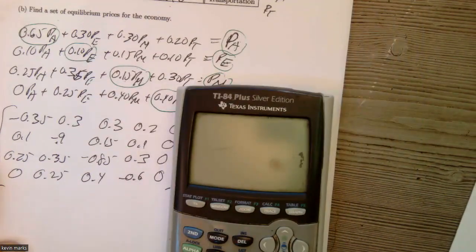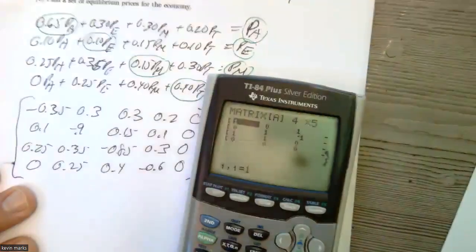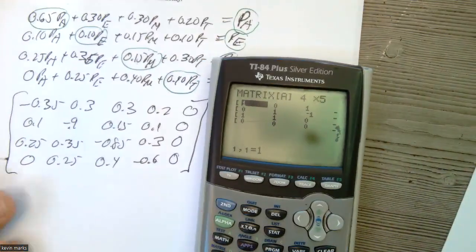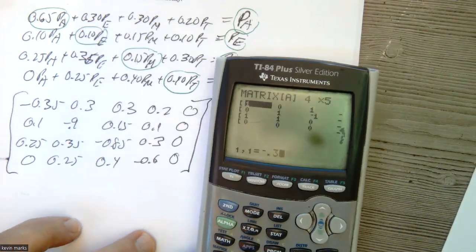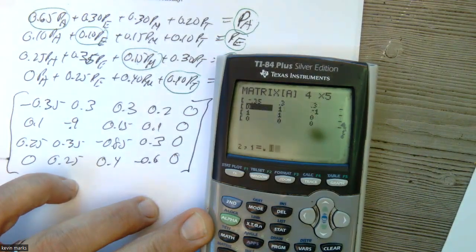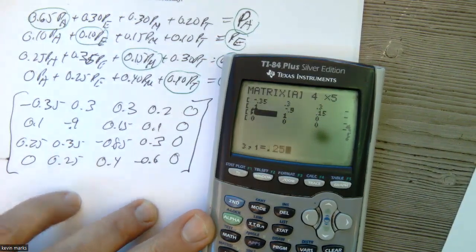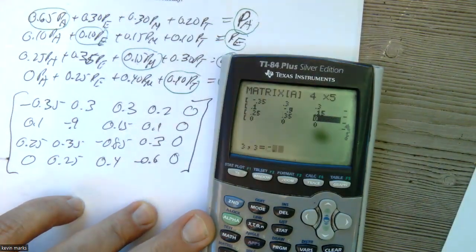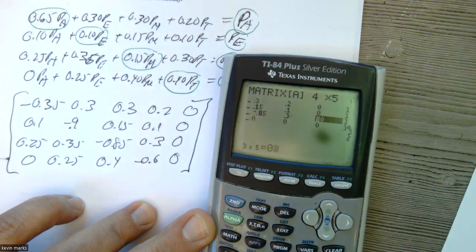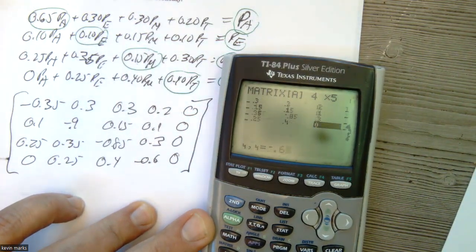But anyway, if you do that by hand, those are some crazy numbers. You're more than welcome to use a calculator. So this is a 4x5. Hopefully we've done this enough that you know what I'm doing. 0.45, negative 0.35, 0.3, 0.3, 0.20, 0.1, negative 0.9, 0.15, 1, 0, 0.35, negative 0.85, 0.3, 0, 0, 0.25, 0.4, negative 0.6, and 0.